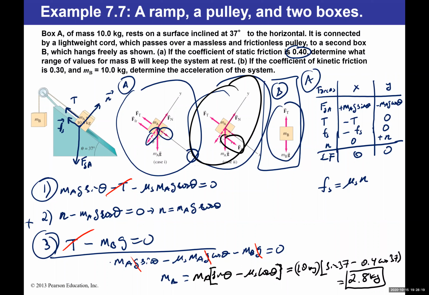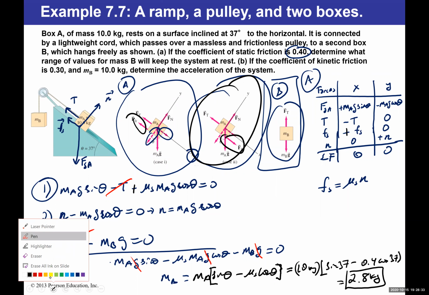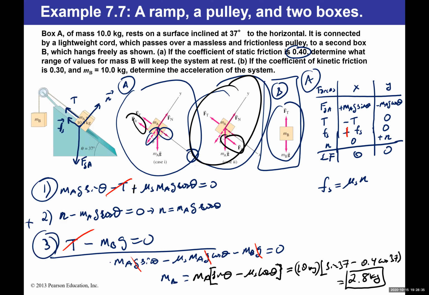Now, what do we do with that? Well, the only thing that changes is that the friction becomes in the opposite direction from what it was before. That means in my equation, this will then be positive. Let me do it in red so you can see the changes. Then this is positive, this is positive, and this is positive.